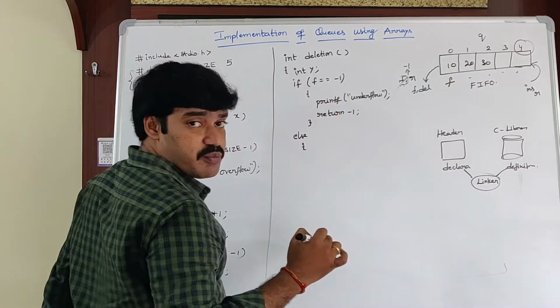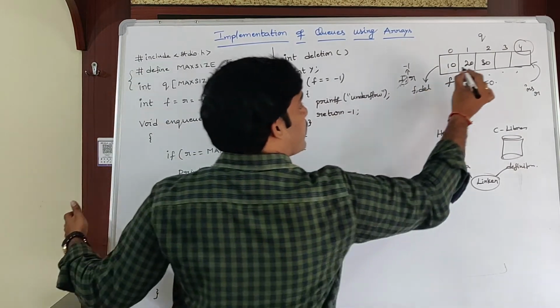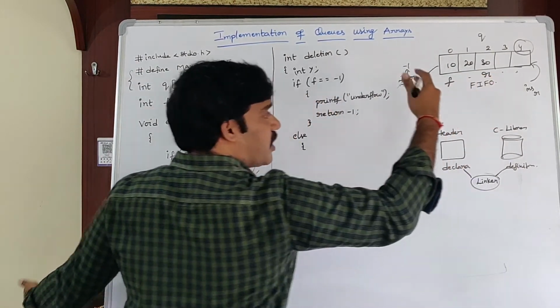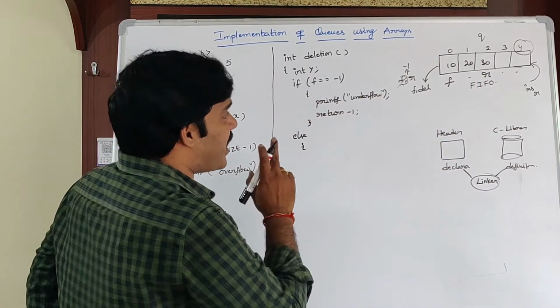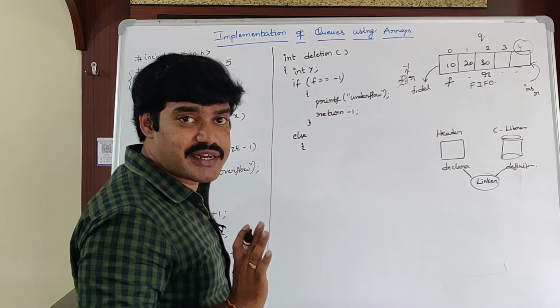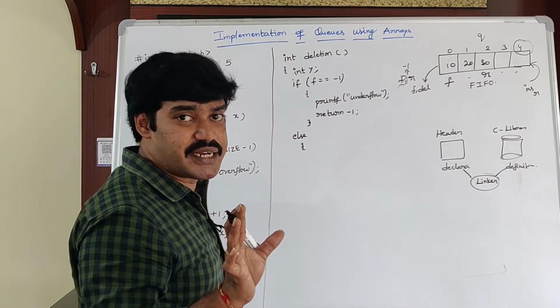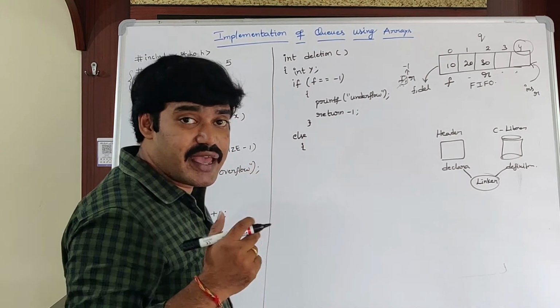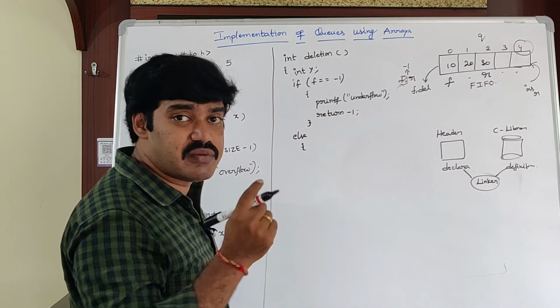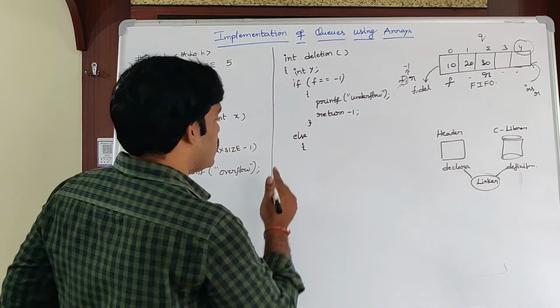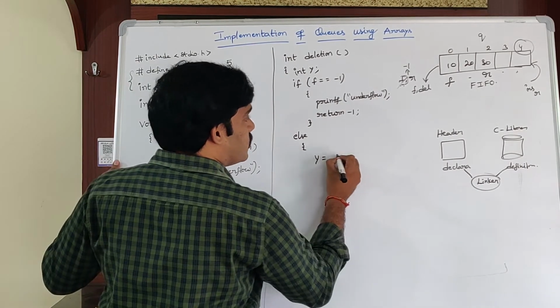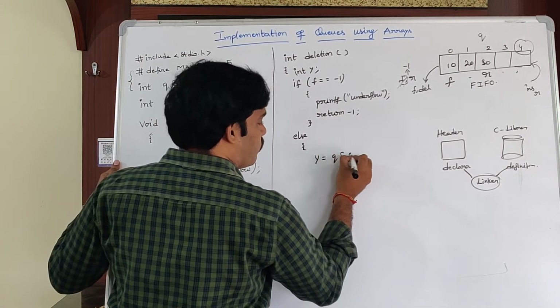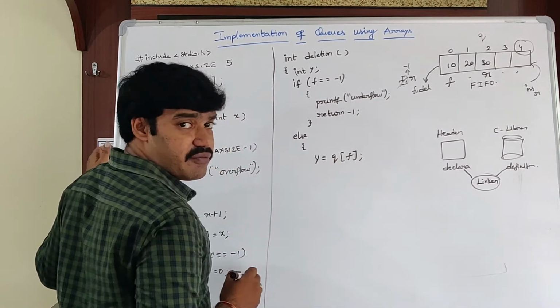F is a variable that always points to the first element. R is a variable that always points to the last element. Among 10, 20, 30, which element is to be deleted first? Always the first inserted element, that is 10, or the element which is pointed by the front variable. So y is equal to Q of F. Move the first element to the temporary variable.